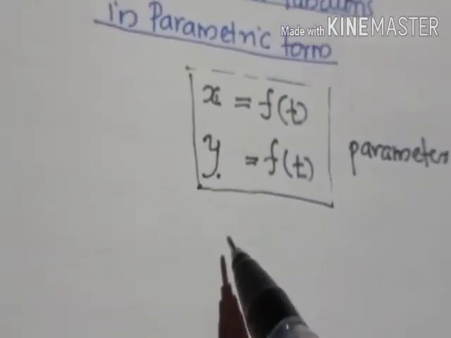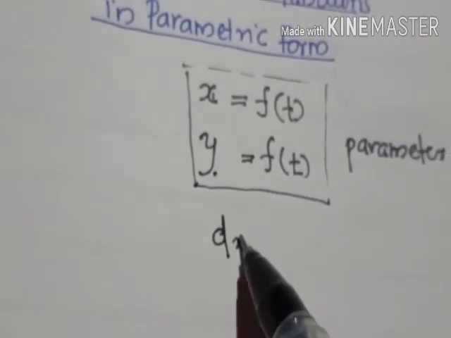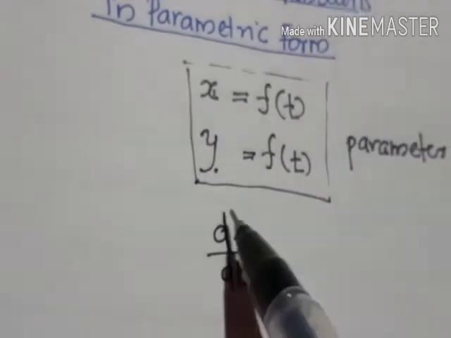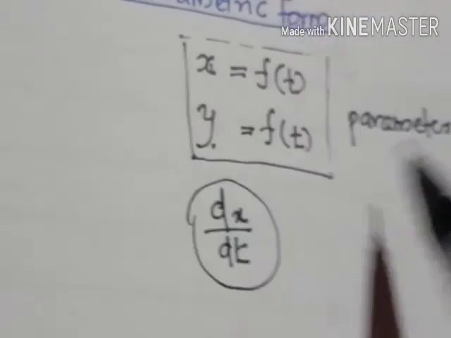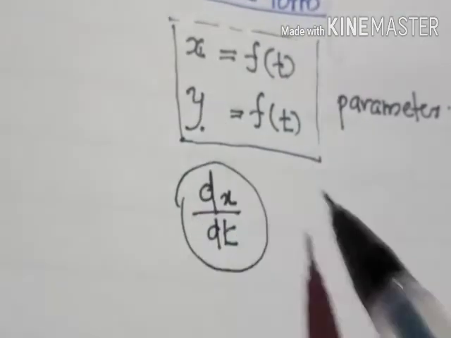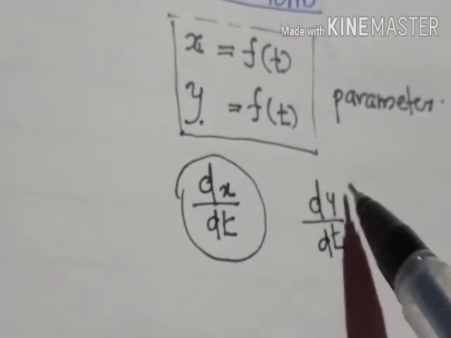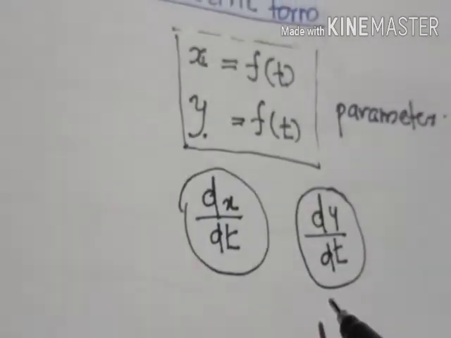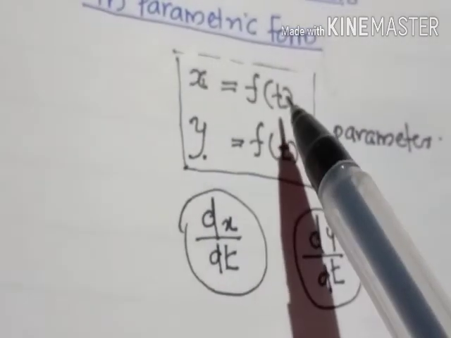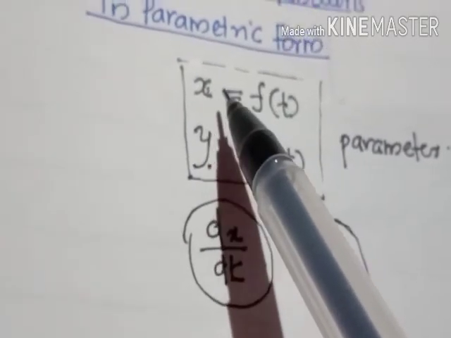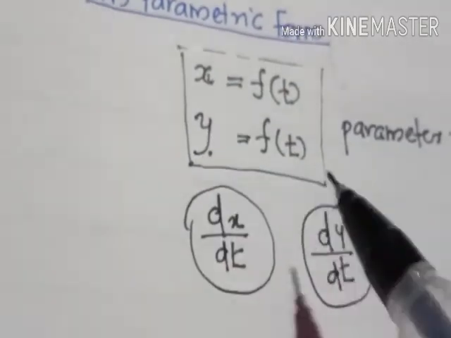That means we have to differentiate x with respect to t, that is, we need to find dx by dt. And similarly, we have to differentiate y with respect to t, that is, to find dy by dt. With respect to the parameter, we have to differentiate both x and y.